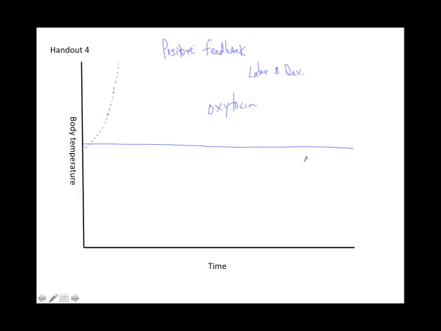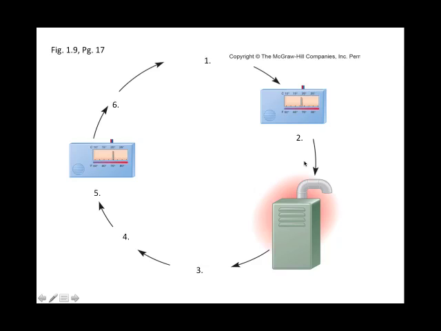Now these are all really important in order to understand homeostasis. Let's take a look in here. This is in your book. This uses the example of a thermostat in your house. So the first thing that we would have is a certain set point, a temperature.